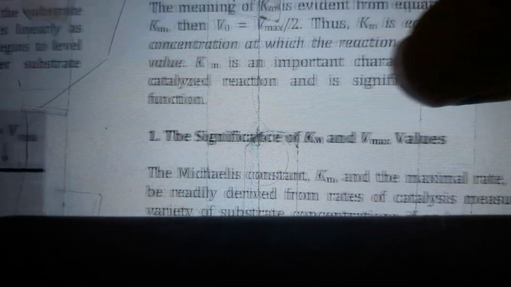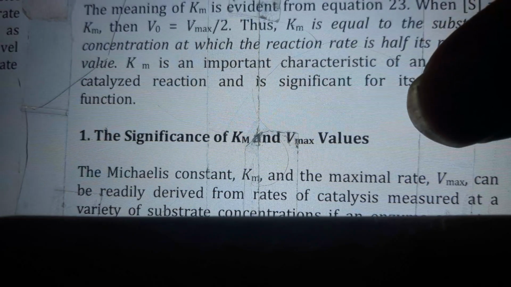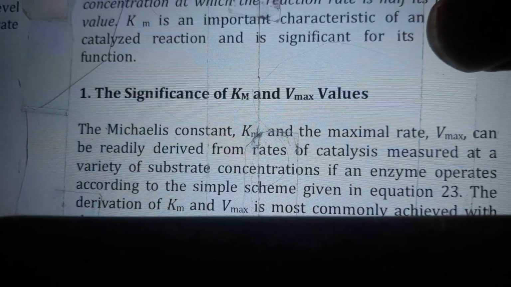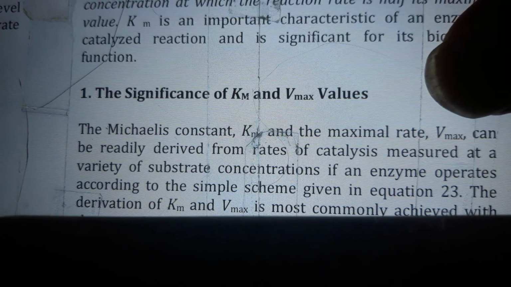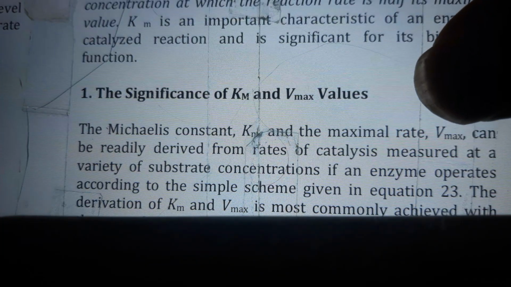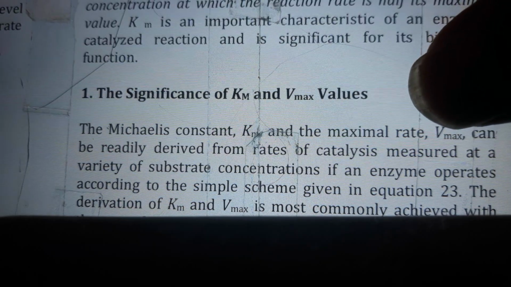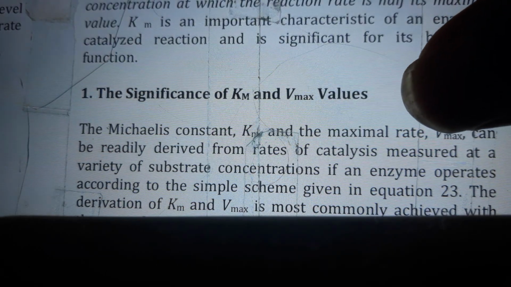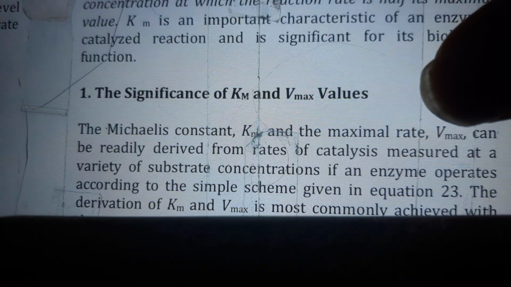The meaning of Km is evident from this equation: when S is equal to Km, V0 is equal to Vmax by 2. Thus Km is equal to the substrate concentration at which the reaction rate is half its maximum. Km is an important characteristic of an enzyme-catalyzed reaction and is significant for its biological function.